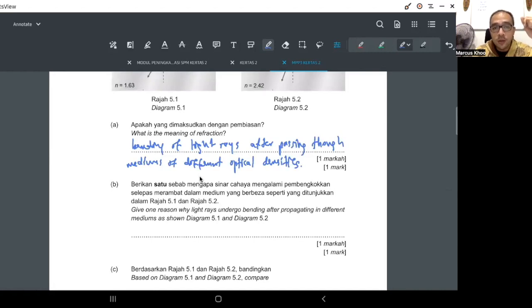Okay, give one reason why light undergoes bending after propagating in different mediums as shown. So why does it bend?